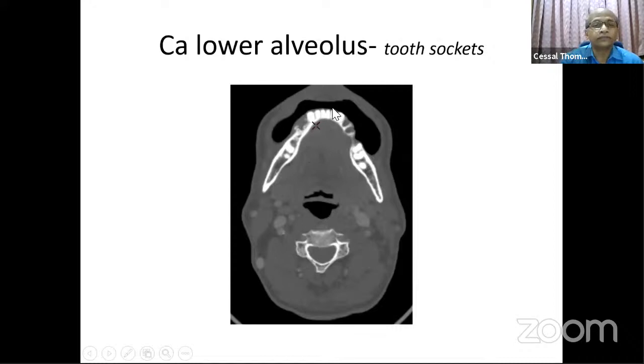Sometimes you can come across problems with edentulous teeth. Suppose the teeth are not there. So here on the right side, on the left side, I can see the teeth sockets. So these are the sockets. Suppose a lesion is nearby. I am not sure whether this is cortical erosion.